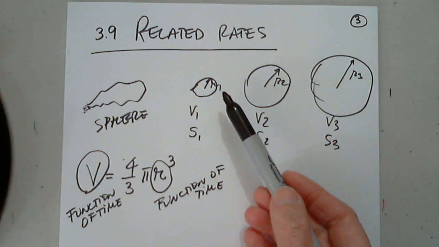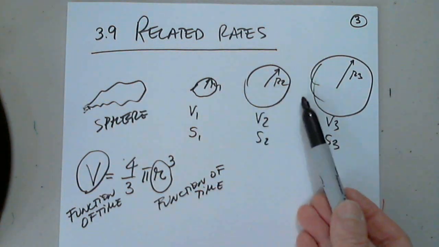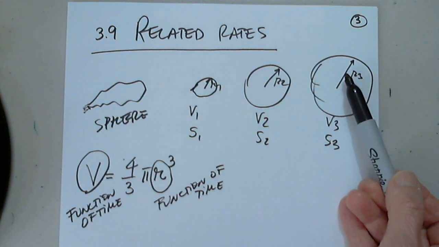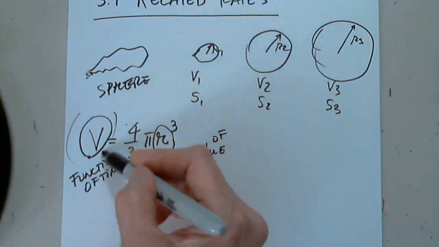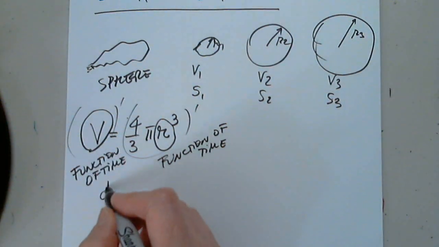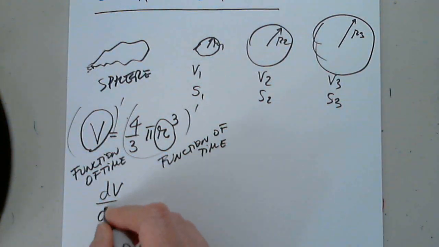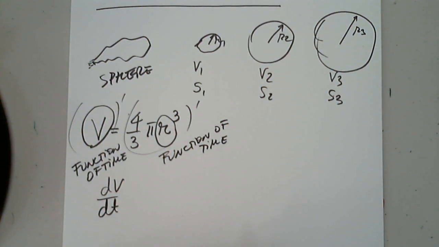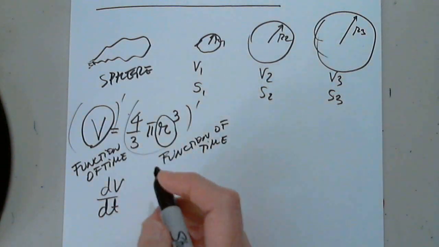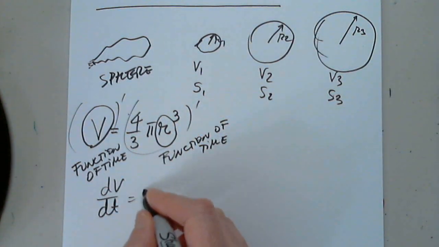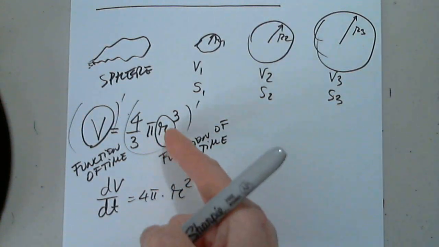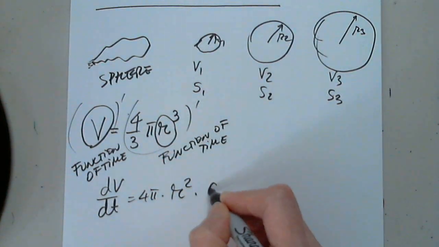How come? Yes, because I pump air into this balloon, so the radius changes with respect to time. So when we differentiate both sides, V becomes V prime, becomes dV over dt. This is a function of time. We bring down 3. 4 pi over 3 times 3 will be 4 pi times r squared times the inner function prime.